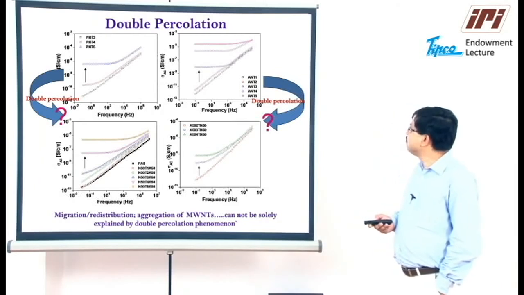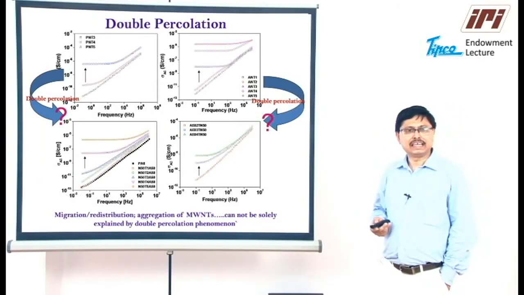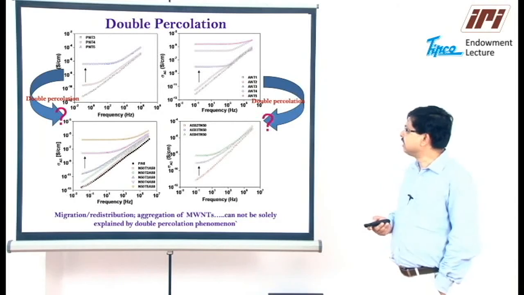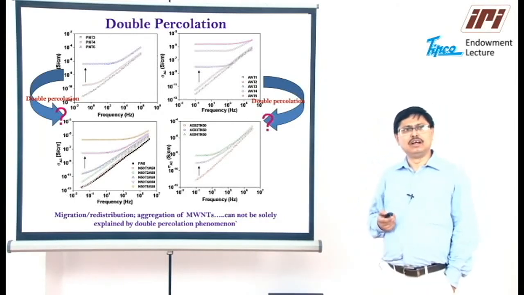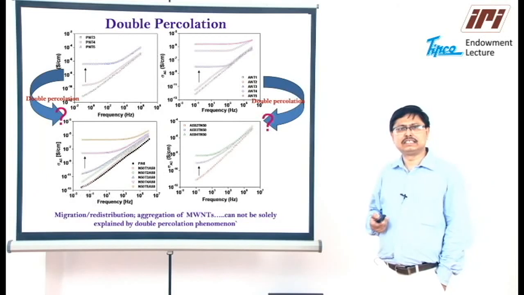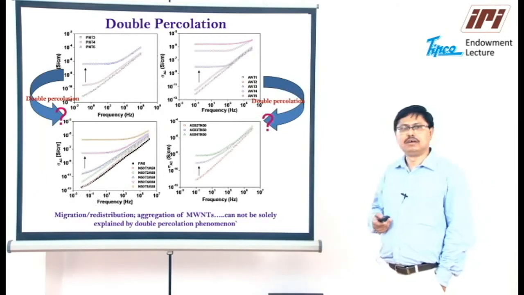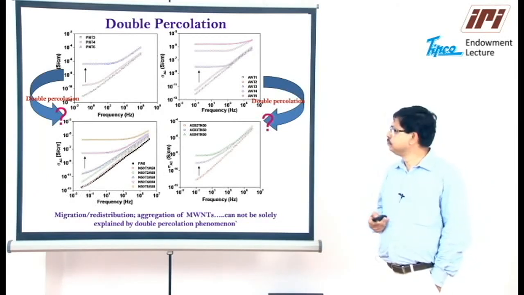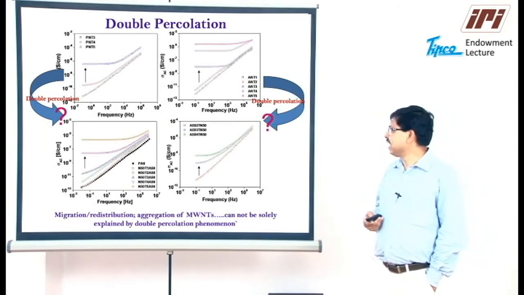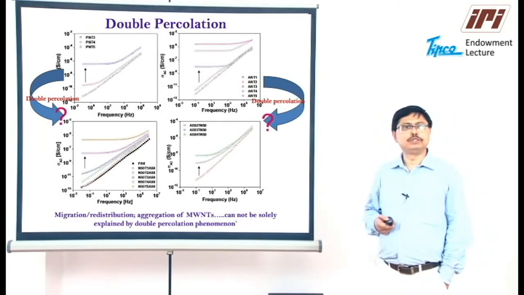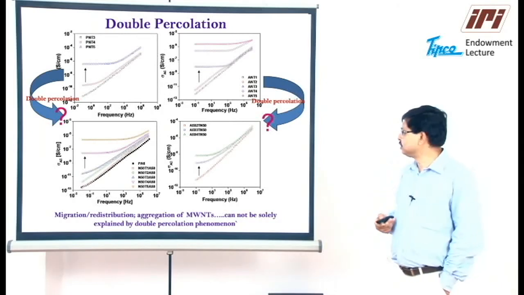In the case of the ABS material, it is 2 to 3% electrical percolation threshold, whereas in the case of the composite material of 50-50 polyamide 6 and ABS with various loadings of purified multi-wall carbon nanotubes, it suggests a percolation threshold of 3 to 4 weight percent.